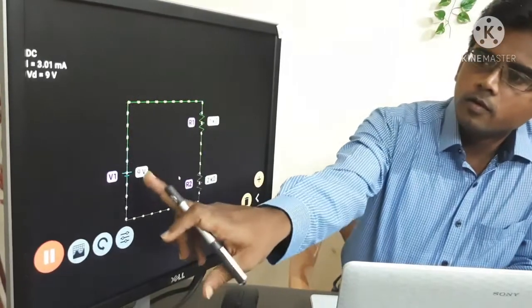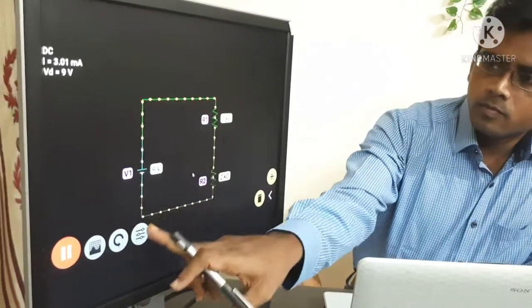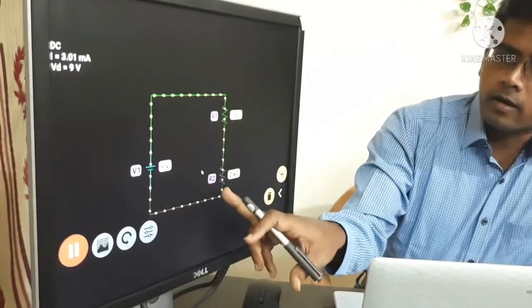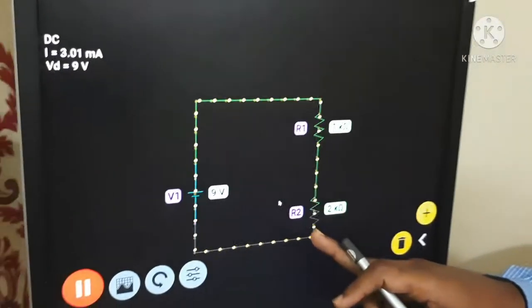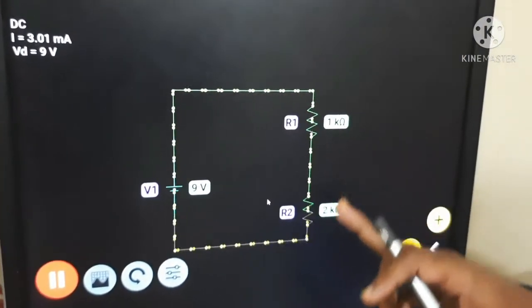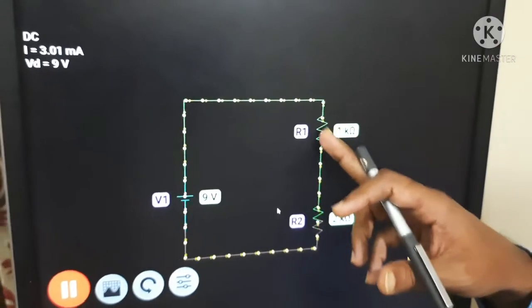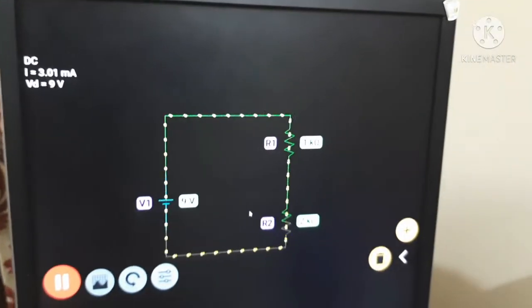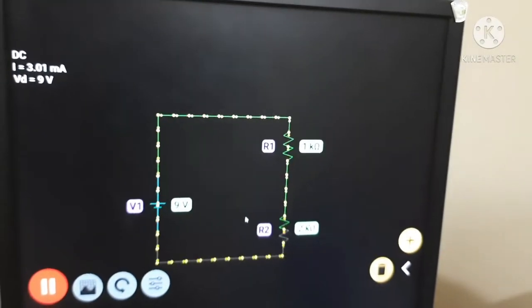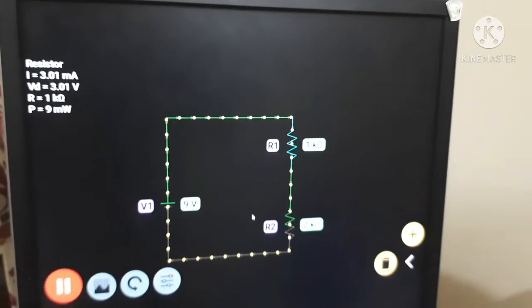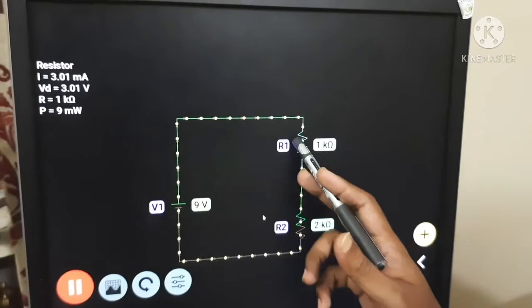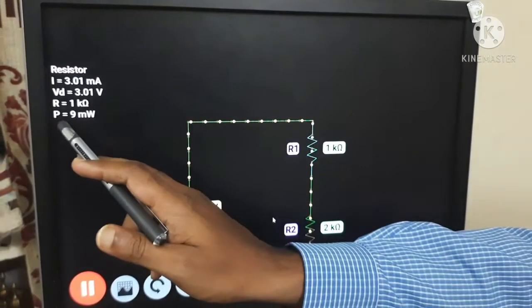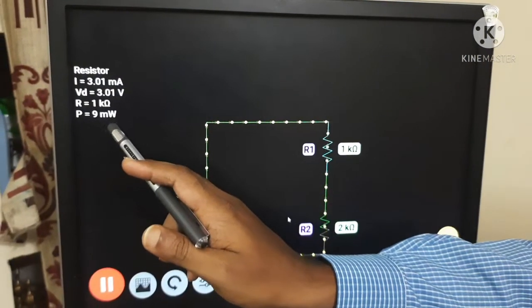So you can see the flow of electrons. So this is the way the current will flow through this series resistance R1 and R2. When current is flowing through this resistance R1, there will be power dissipation across that. So we'll see how the power will dissipate. We can see here the power dissipation across this R1 resistance is 9 milliwatt.